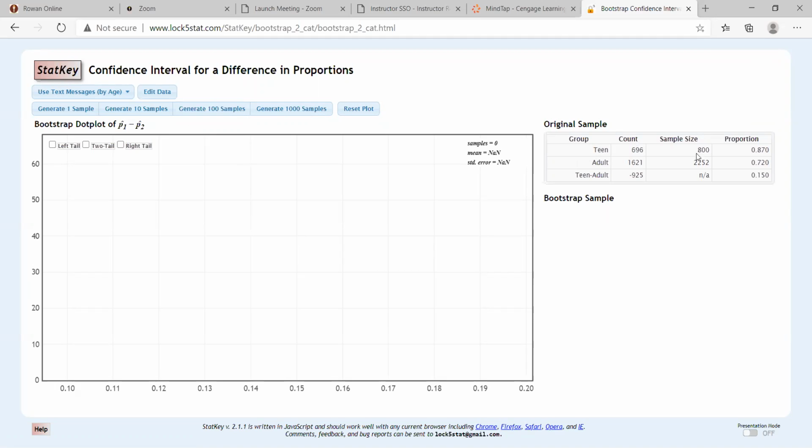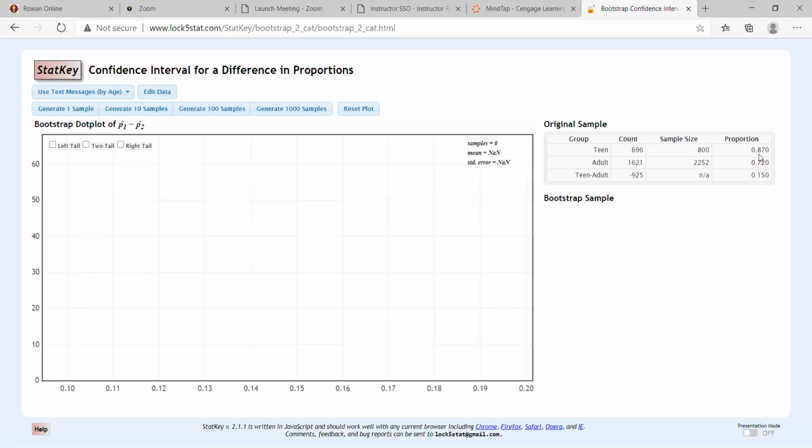So for teens, there were 800 teens in this database, sample size 800, and 696 of them use text messages. All right. Now this is older. Obviously, many more people use them now, but let's assume that this was several years ago. So 696 out of 800.